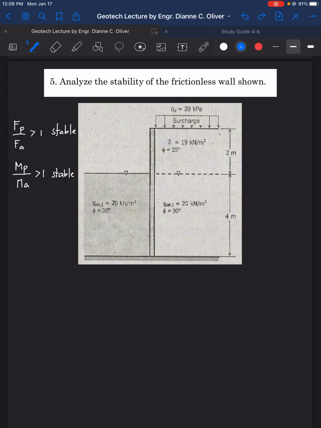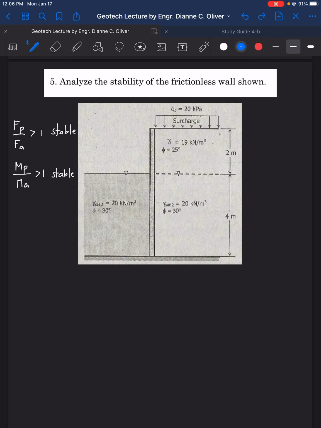And then there is a water table here, and from the bottom of the structure to the water table we have 4 meters. Gamma sat now is 20. Phi, or the angle of internal friction, becomes 30 degrees.